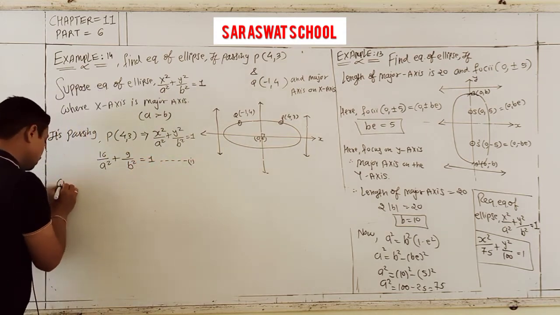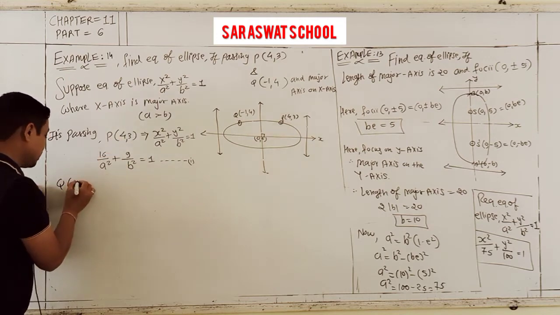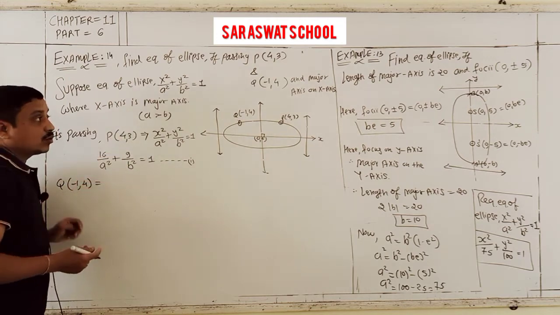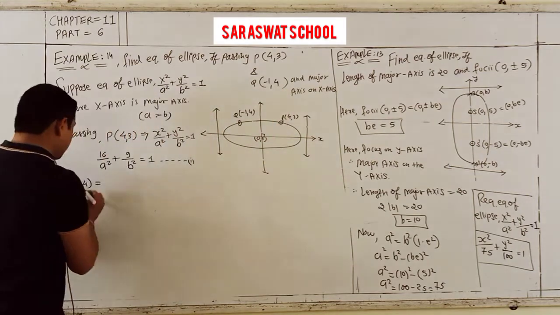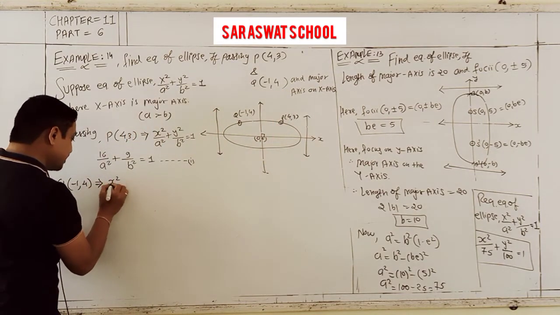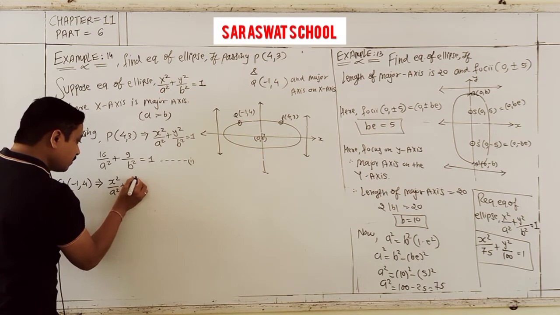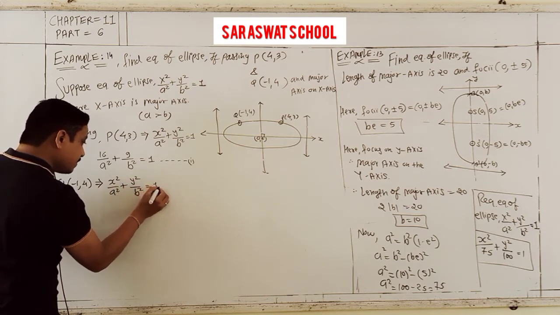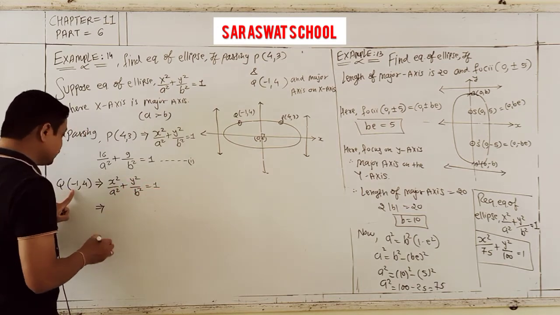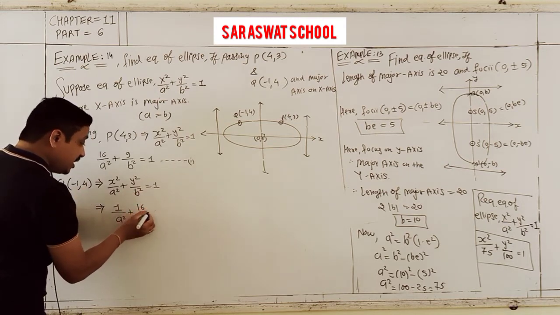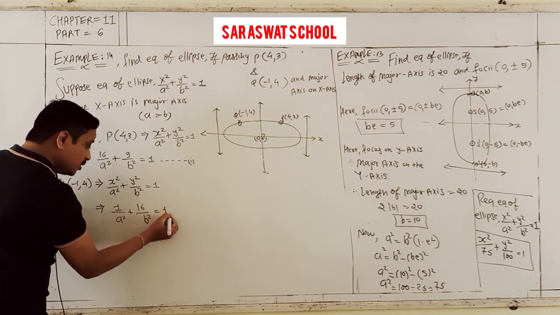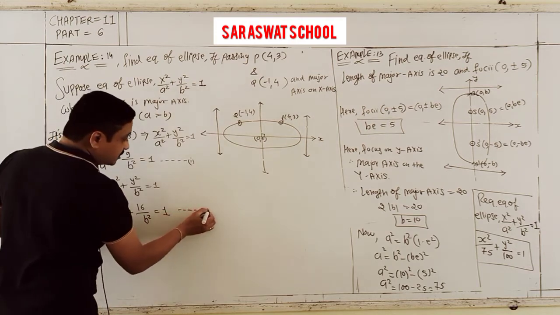Similarly, passing through Q, which is (−1, 4), apply the same: x square by a square plus y square by b square. Here x is −1, so x square is 1, and y is 4, so 16. That's equation number 2.